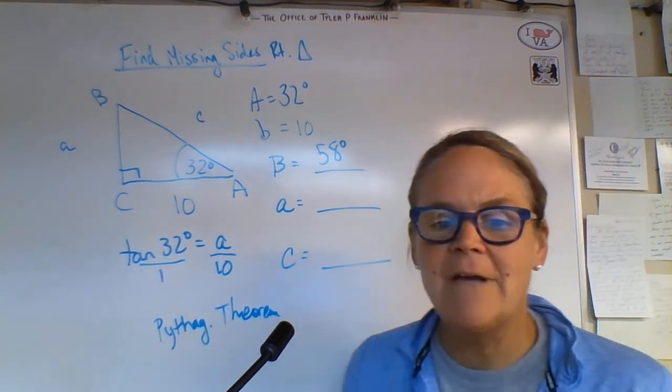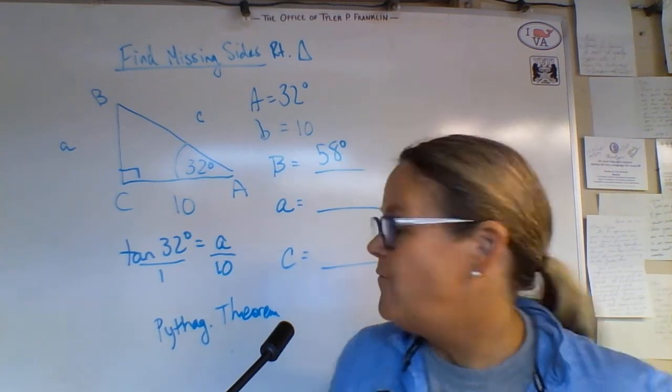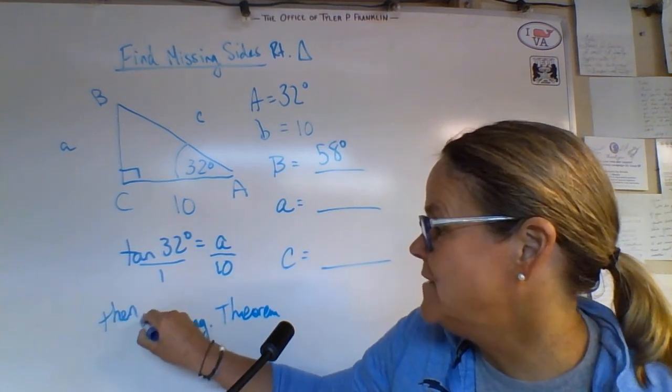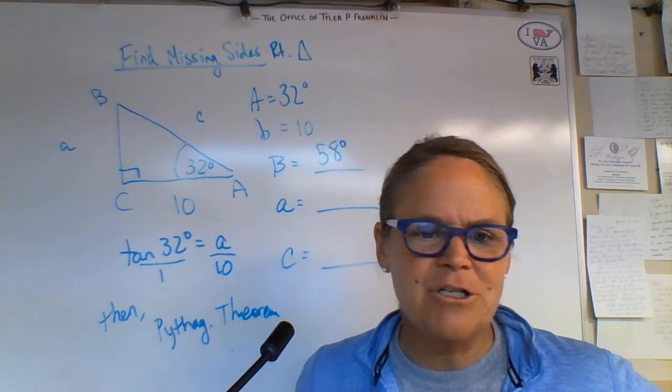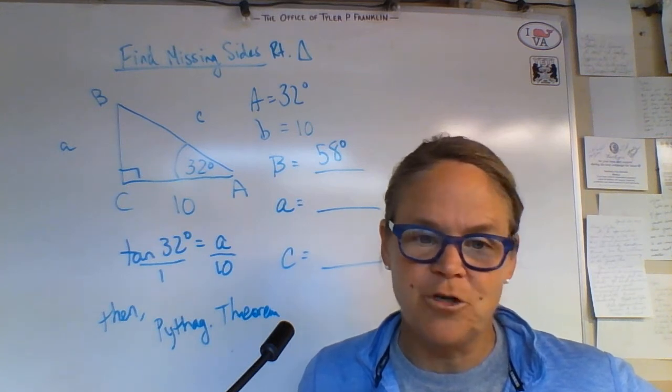And you will get decimals for these. You're not supposed to have reduced radicals. Decimals are what you want.